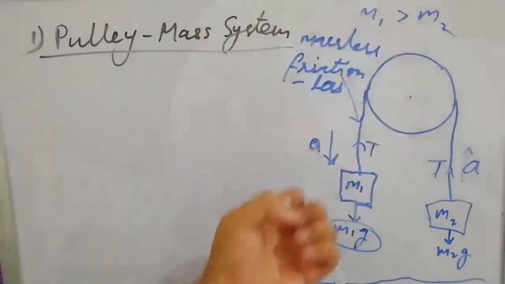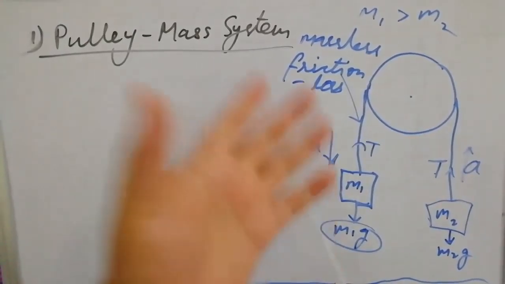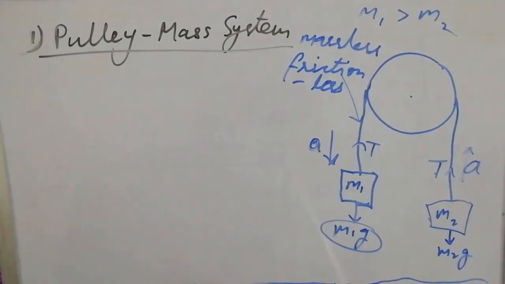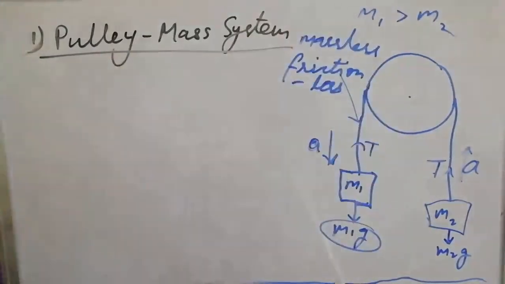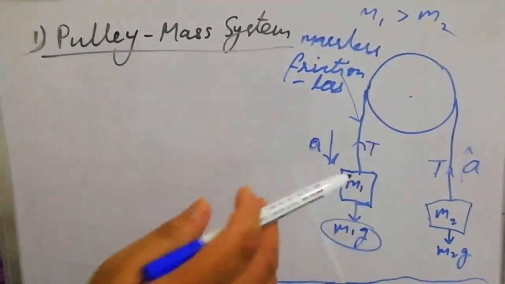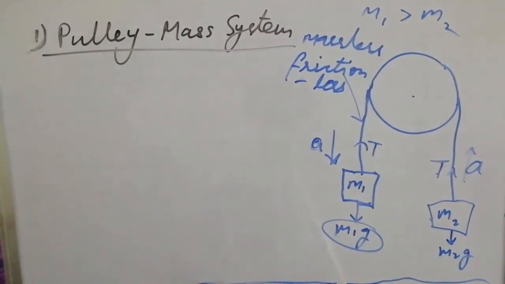That means if weight is acting vertically downwards, then there must be a reaction force acting vertically upwards, so that upward force is tension. Understood? It will always act opposite to the action force. This is the action force and this is the reaction force. The same thing is said by Newton's third law, that every action has an equal and opposite reaction. Now what will we do?